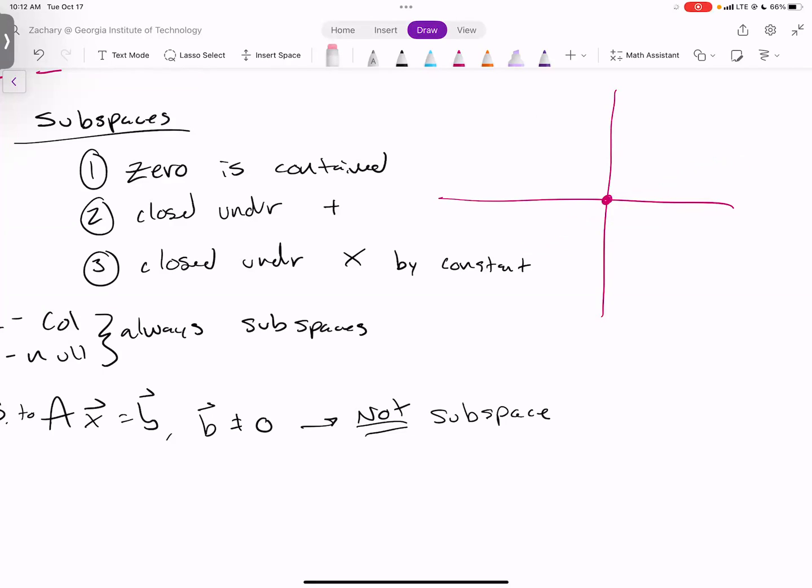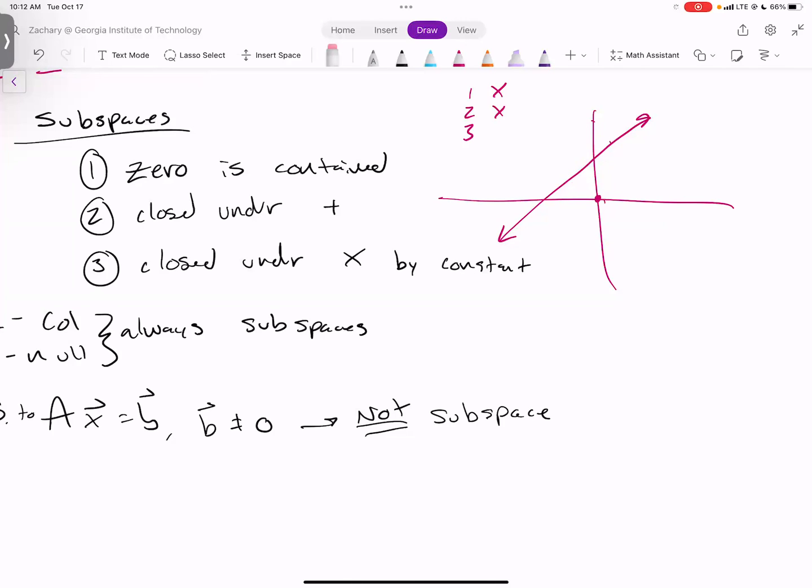An example of something that wouldn't satisfy those conditions would be solving an inhomogeneous solution set. So we're going to have a shifted line, for example. Now we're checking our three conditions. 1, do we contain the origin? We do not. We can already say it's not a subspace. 2, if I take any two vectors on this line and add them together, am I still on this line? The answer is no. So this is not closed under addition either.